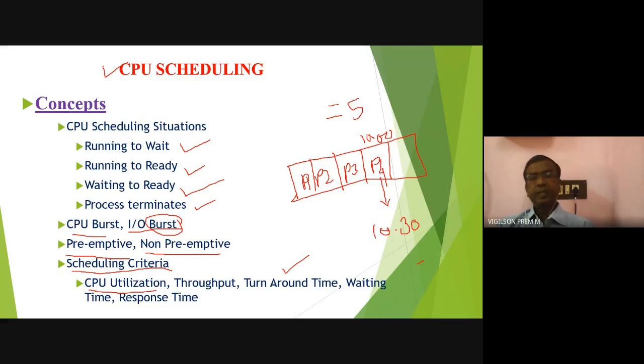Are you able to understand? That is turnaround time. Okay, what is waiting time? Waiting time means the time spent by a particular process in the queue, not in the CPU.